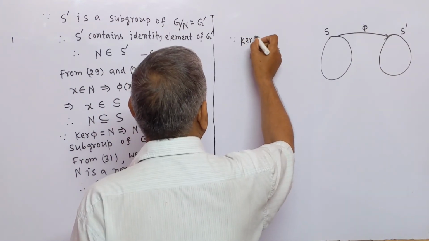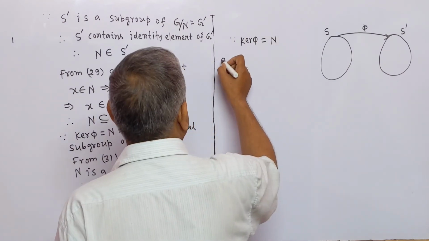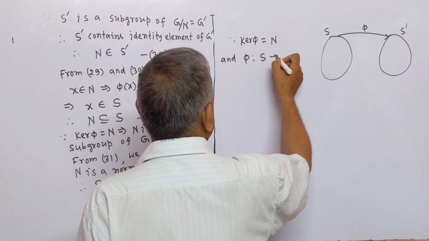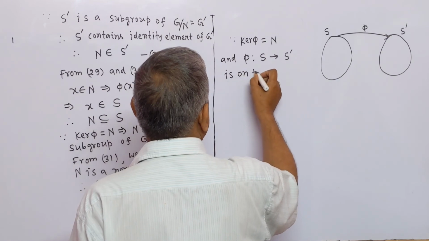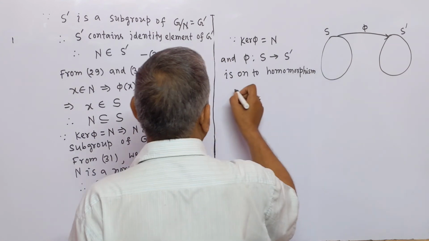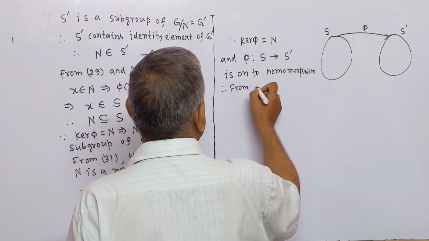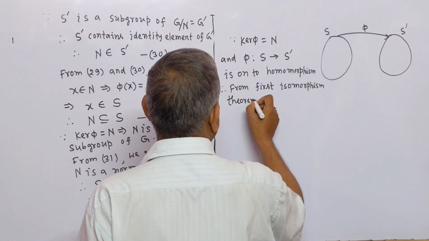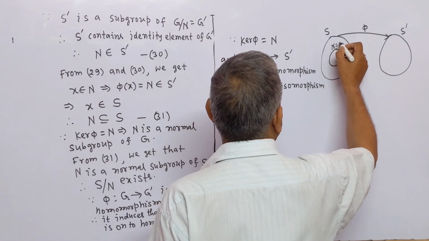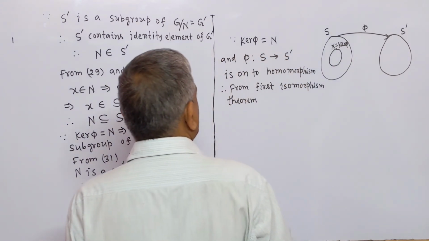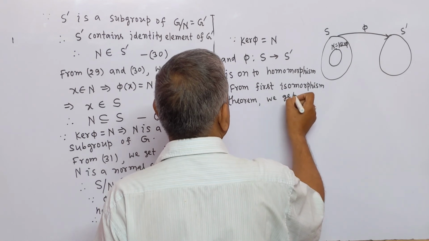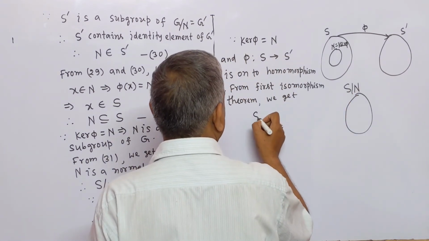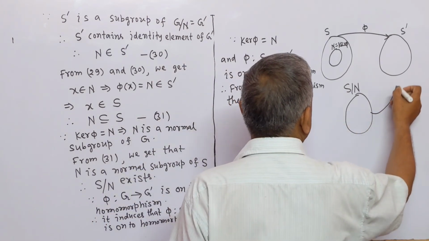Since kernel of phi equal to N and phi, S to S prime, is onto homomorphism, therefore, from first isomorphism theorem, here N equal to kernel of phi, we get S by N is isomorphic to S prime.